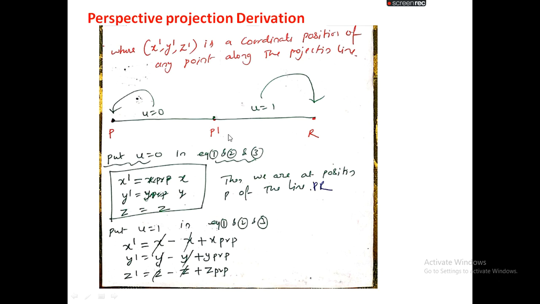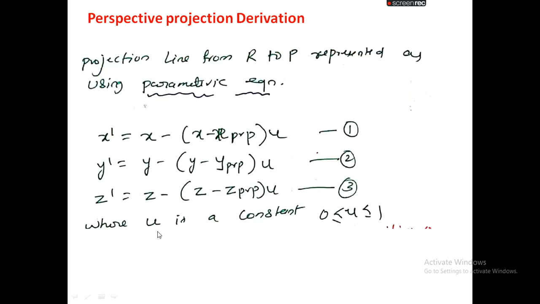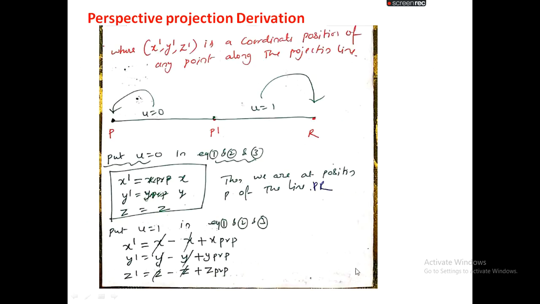When you substitute u equal to 1 in equations 1, 2, and 3, you are at the position R. That is, x dash will become x projection reference point, y dash becomes y projection reference point, z dash will become z projection reference point.